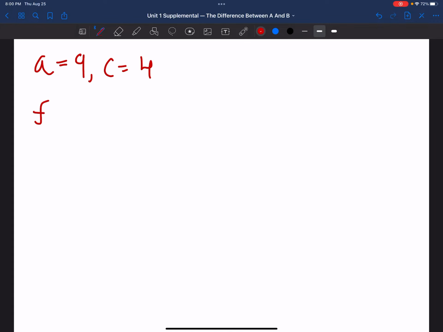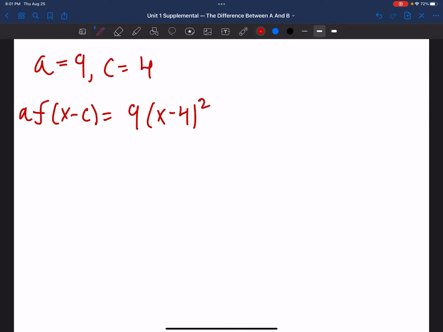Well, if this is a f of x minus c, because I just have the a value and the c value, notice I'm not bothering writing b and d, I'm just writing what I got. Well, this would be 9 times x minus 4 squared, because f of x is x squared, so the input x minus 4, that's what's squared, right?